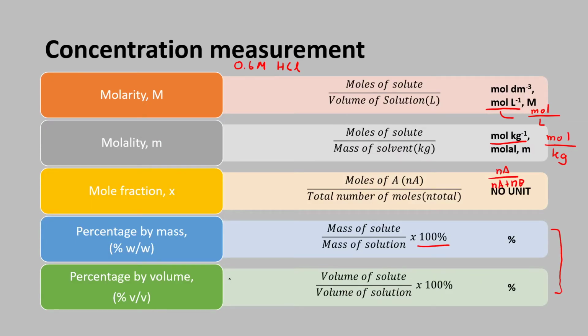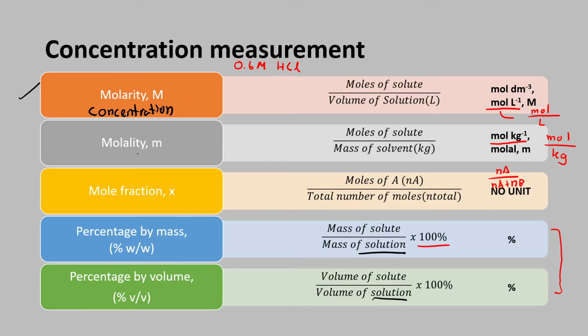Just remember that for the bottom, it is percentage, divided by the total, which is the solution. The ones you have to remember are these three. Molarity is very important; sometimes they call it concentration. You memorize molarity, which is moles per liter.